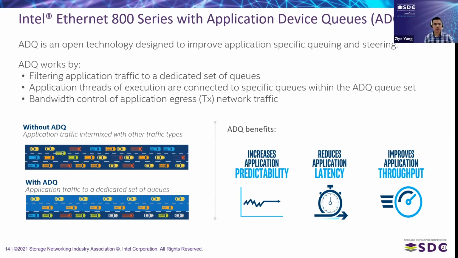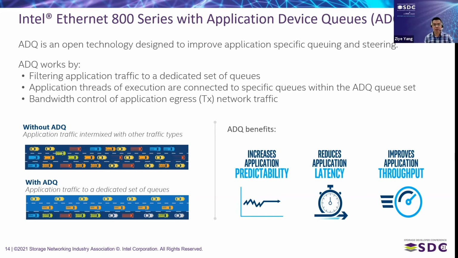Then application thread execution is connected to those allocated specific queues within the ADQ technology. Then the application can benefit from the kernel having bandwidth control of the application's TX network traffic. And with the ADQ technology, the application can finally have the following benefits.